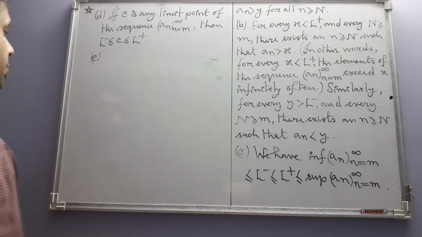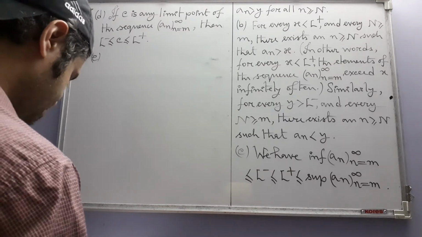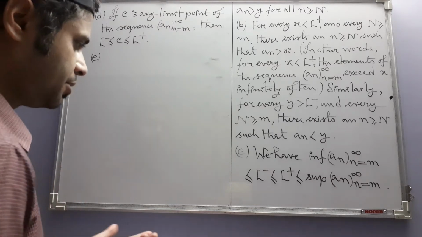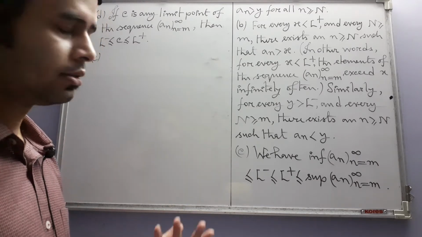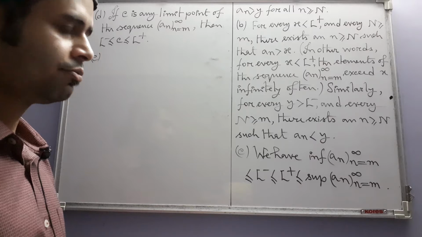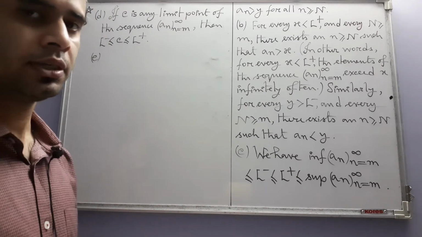E. Part E says that if these limit superior and limit inferior turn out to be finite, that is, if none of them is plus infinity or minus infinity, then they are limit points of the sequence.